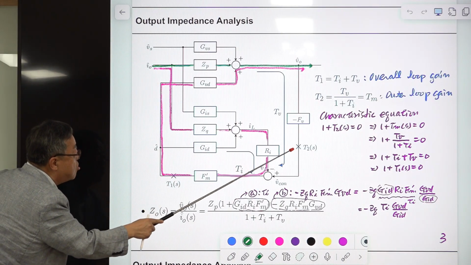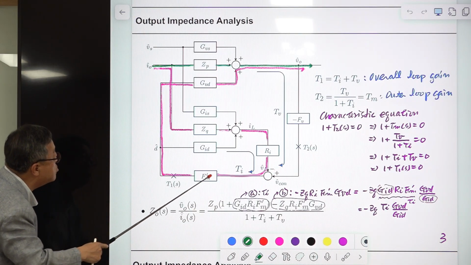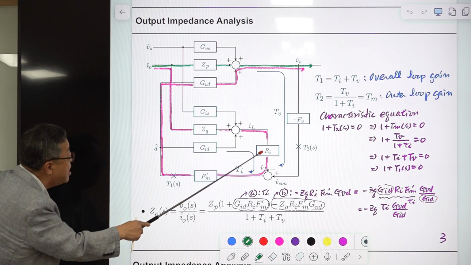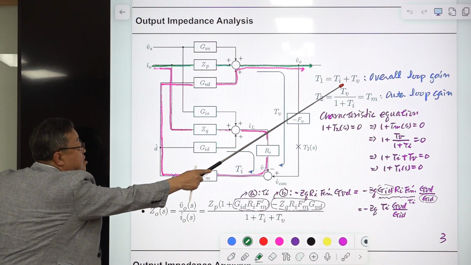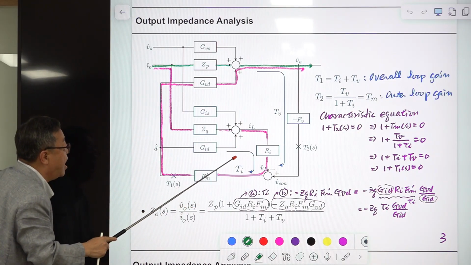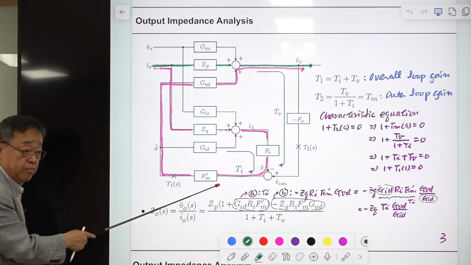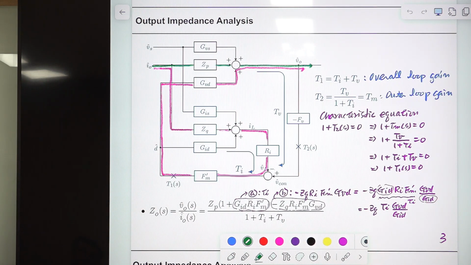But there is another path. Disturbance is coming in here. Then it goes through this. There is a loop created here. Then this Tm: numerator is TB and denominator is 1 plus Ti. Ti is this current loop, not current loop gain. Okay. This is the Mason's gain rule.